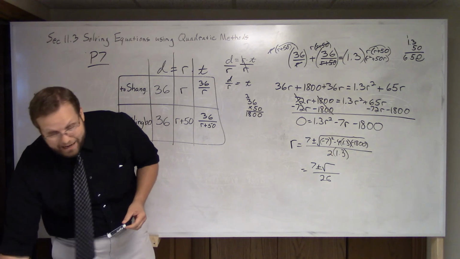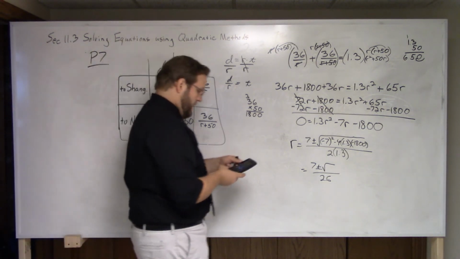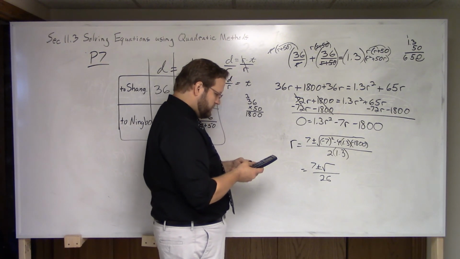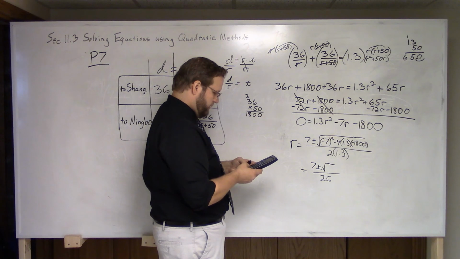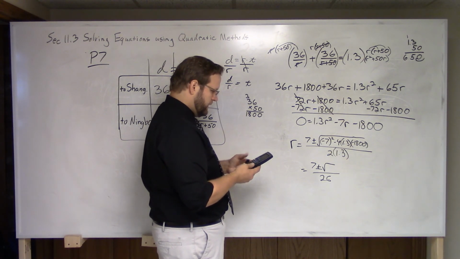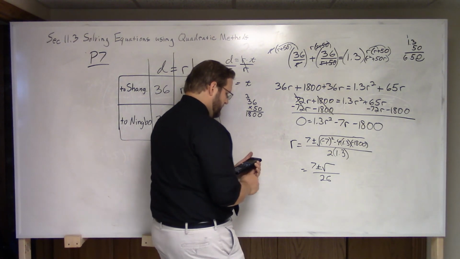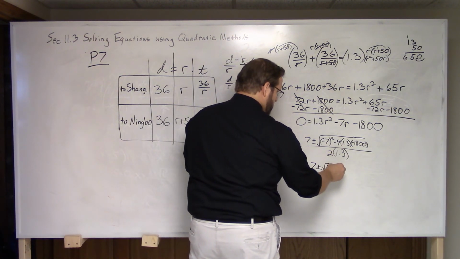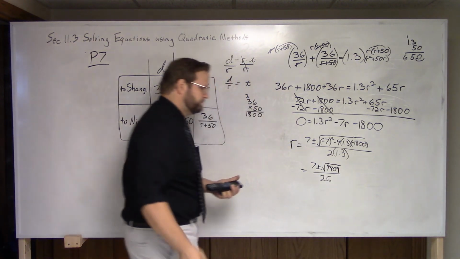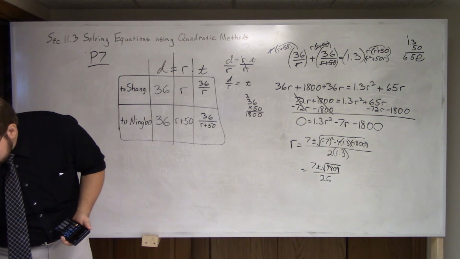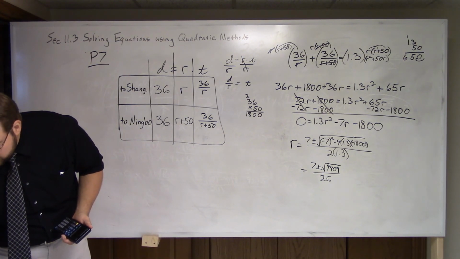And then I would pick up the calculator here. And what we get, no square root just yet, just say negative 7 squared minus 4 times 1.3 times negative 1800. And what we get is 9,409. Okay. Now, in this case, it says find the speed to Shanghai and return speed to Ningbo.